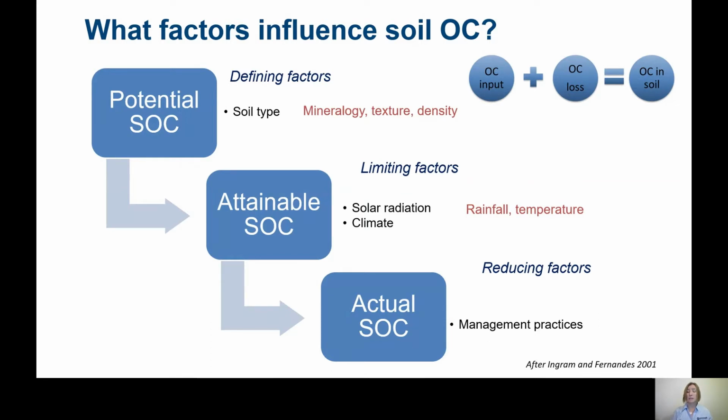Rainfall affects how much biomass we can grow and how much can be returned as a carbon input, but it also has an effect on microbial activity. Microbes, as much as us, need moisture to be able to work. In the same way, temperature affects not just the direct loss of carbon from our soils through volatilisation, but also microbial activity. So climate is a limiting factor.